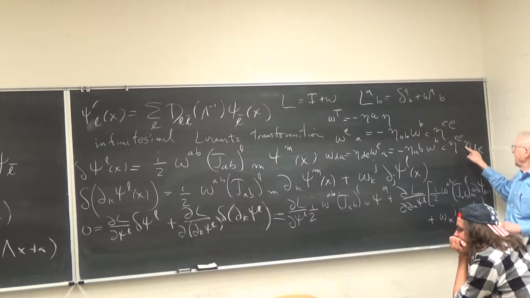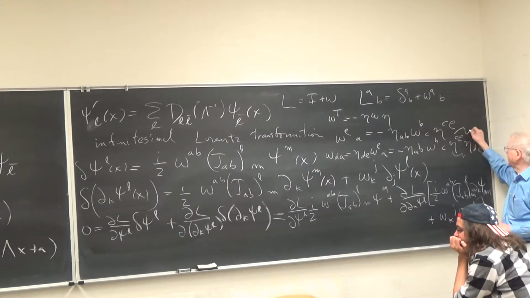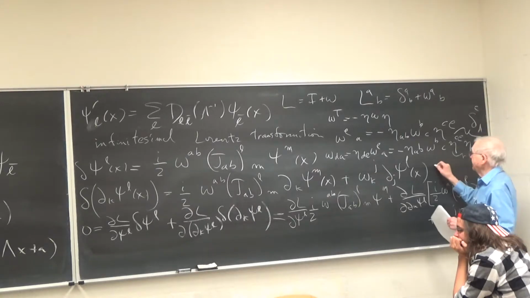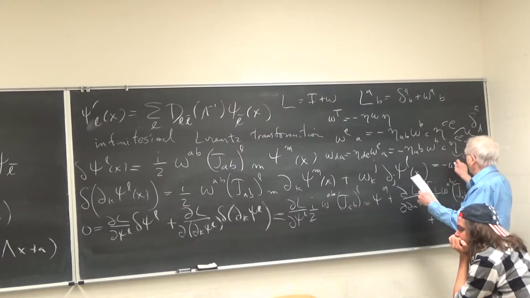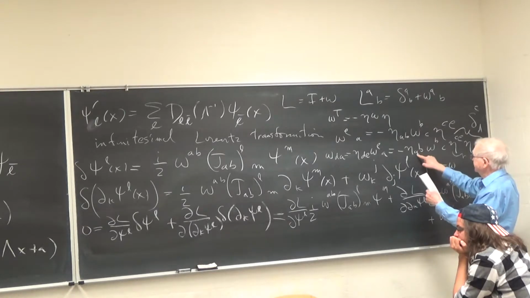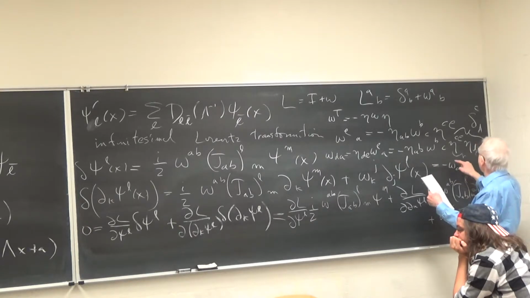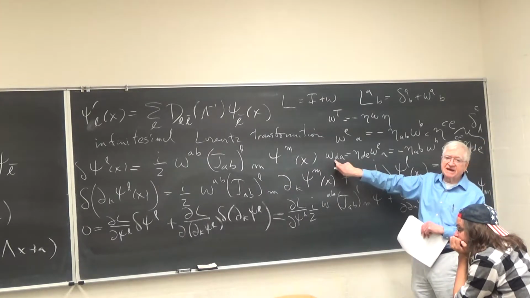And now we're summing over E, so this is just delta CD. And since that's delta CD, this is minus omega, and the multiplication here brings the index down to an A there, and this one says that C is equal to D, so that's minus omega AD is equal to omega DA.